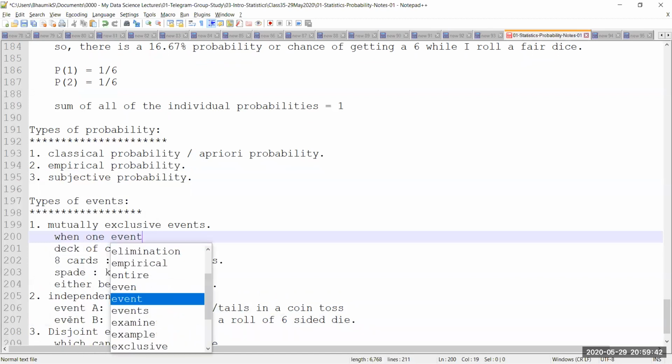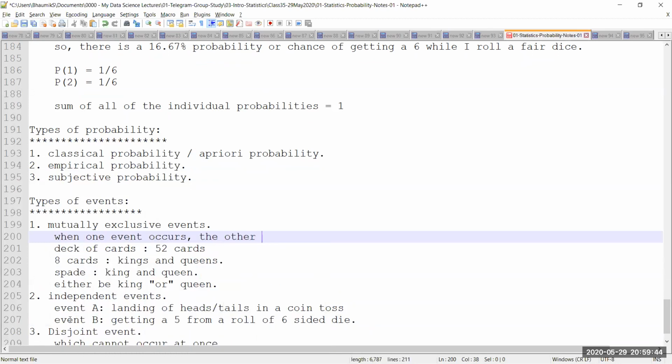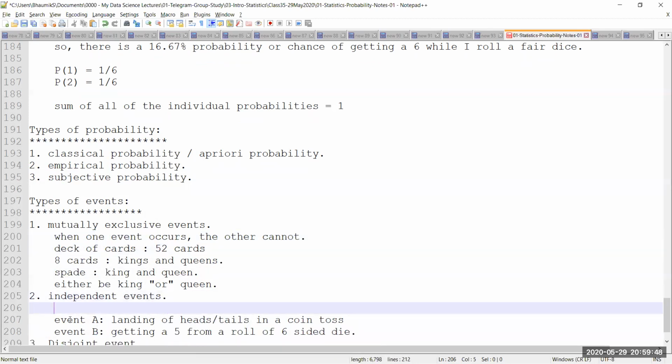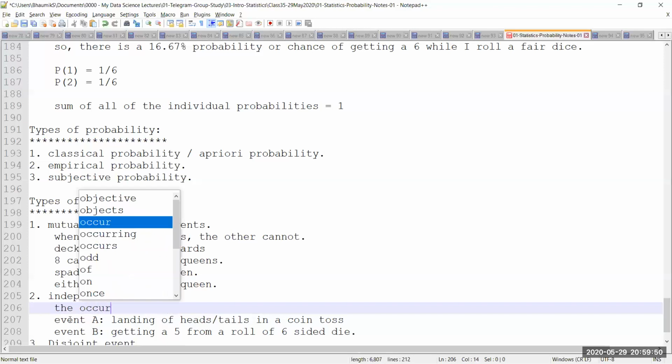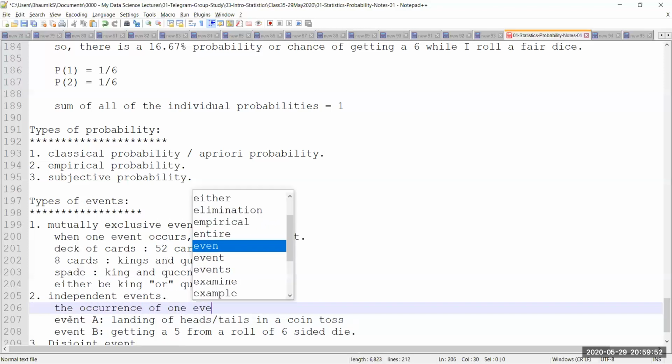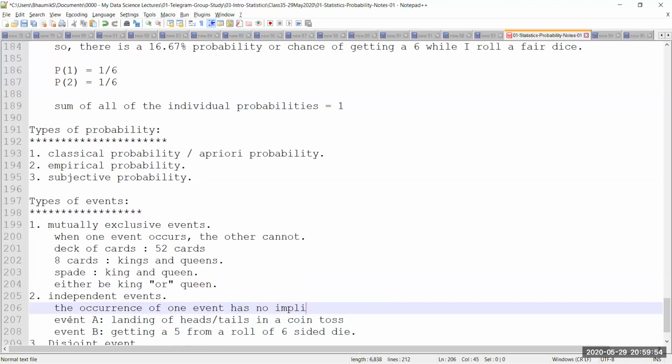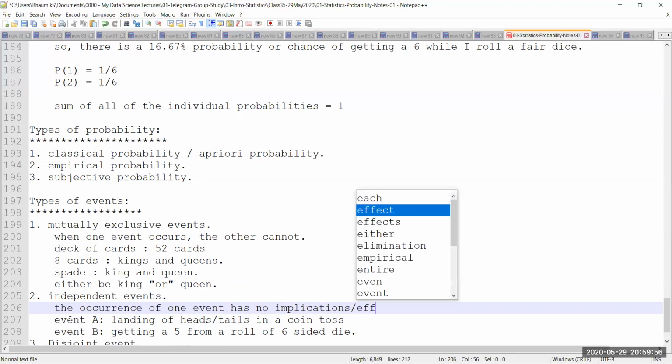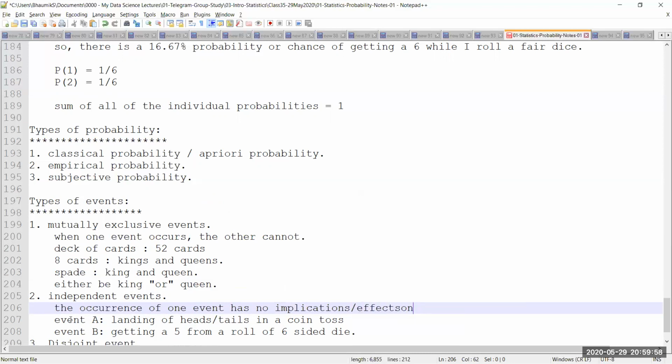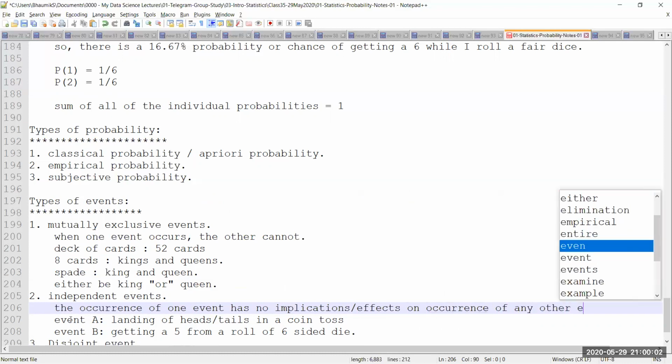When one event occurs, the other cannot. This is the definition. It's a simple definition. One is an enemy of the other. Independent: the occurrence of one event has no implications or effects on the occurrence of any other event.